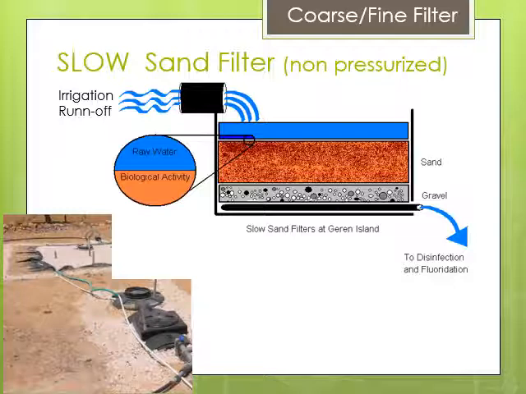The idea is that you have a large surface area so the water slowly percolates through the sand. And the sand will catch the debris. But because you don't backwash it, what actually happens is you get biological activity right at the interface where all the particles are. And that biological activity will eat it up and break it down.